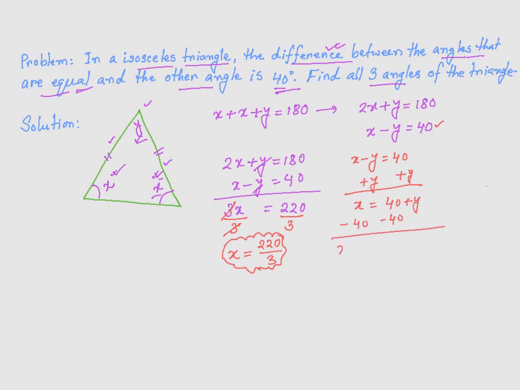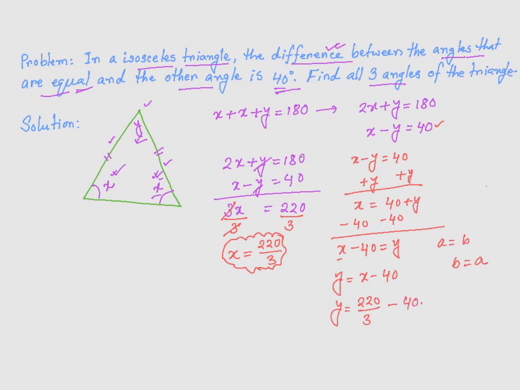That's going to give me x minus 40 is equal to y. Now I know what my x is, so I'm just going to plug it in right here. I'm going to rewrite this as y is equal to x minus 40. Why? If I say a is equal to b, it's the same as saying b is equal to a. So my y is going to be 220 over 3 minus 40.